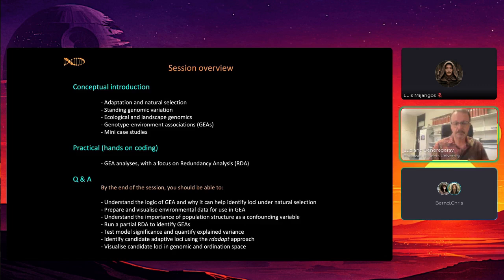You have to account for that factor, population structure, as a confounding variable in your analysis. You'll be running a partial RDA to identify GEAs, test model significance, identify candidate adaptive loci.